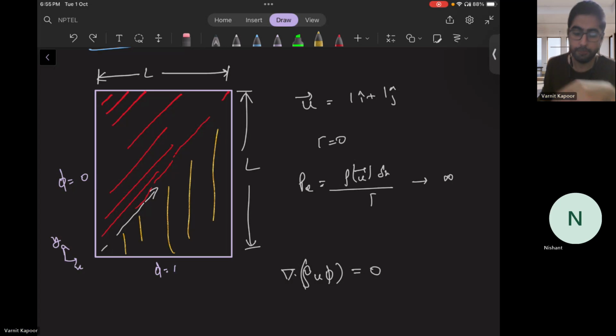For the present problem, we do not have gamma; we have to assume that gamma is equal to 0. So there is no such layer. This is the exact solution. Now, if you calculate the cell Peclet number, which is rho u delta x by gamma, this would be infinite.